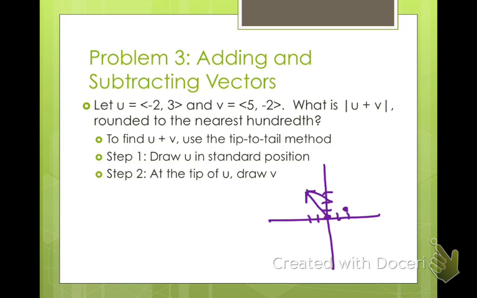So this one's u, and this one's v. So our terminal point, the one where it ends at the second place, is the point (3, 1). You see how we did that? So from the origin, go left 2, up 3, and then from there, go right 5 and down 2.